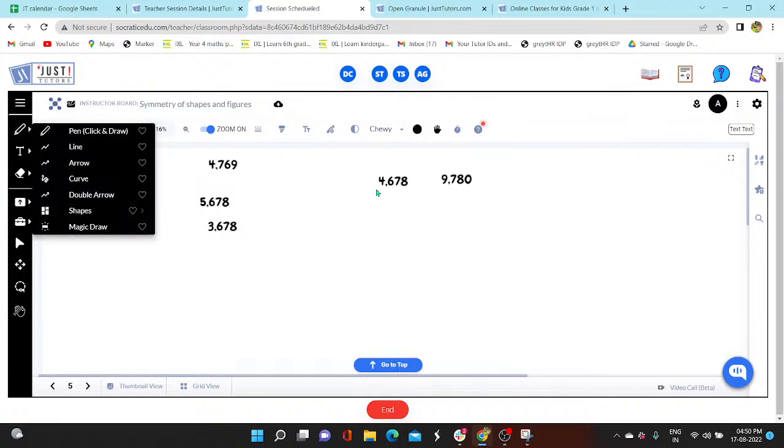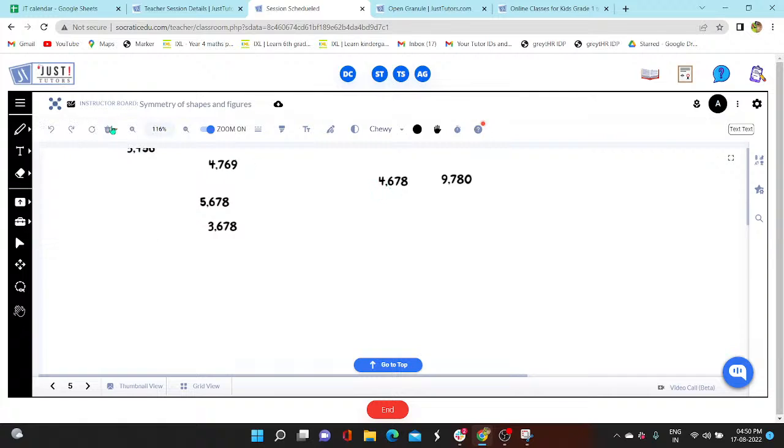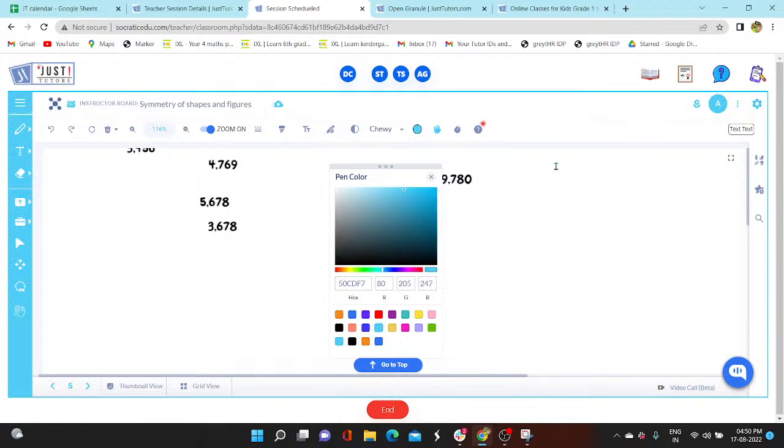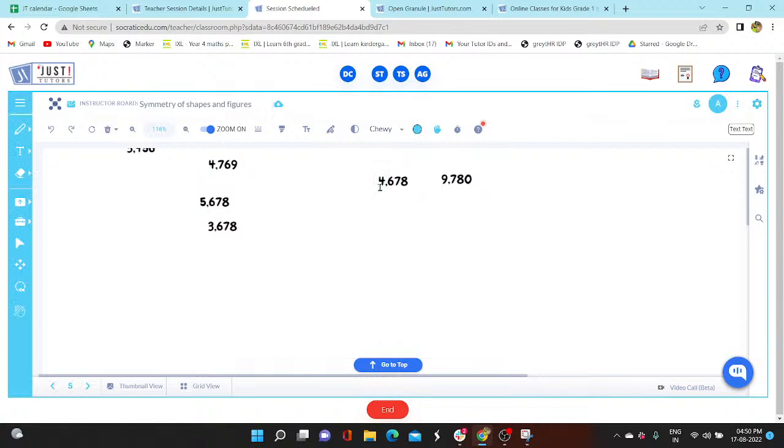We would look at the first digits of both the numbers. This one has 4 and this one has 9. So we would compare the 4 and the 9.